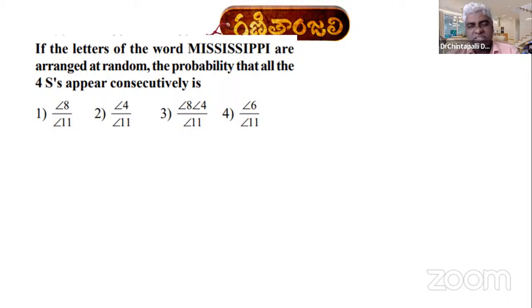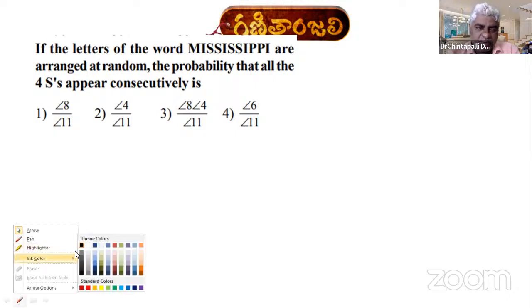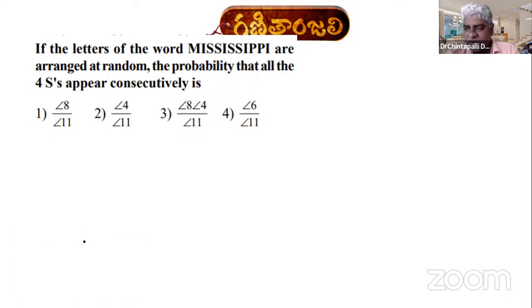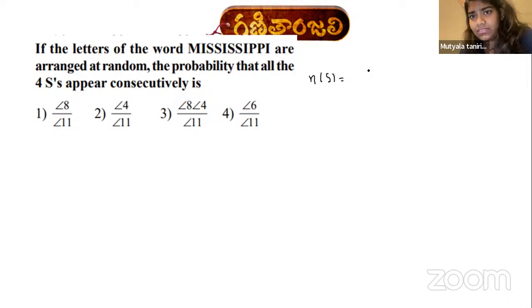Mississippi, total number of letters are 11. So 11 letters are arranged in a row. Whenever the number of things and the number of places are equal, n of S is n factorial, so 11 factorial.